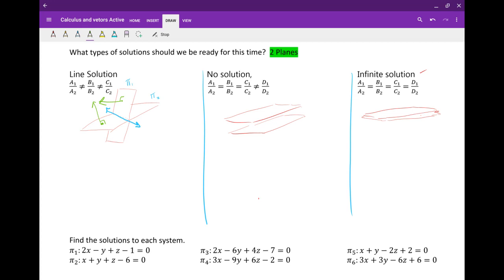And you can see that these two normals are not parallel, right? Whereas over here, in these other two scenarios, the normals are actually parallel. The nice thing about this technique is that you really just check the normals. If they're non-parallel, they're guaranteed to intersect in a line, okay?